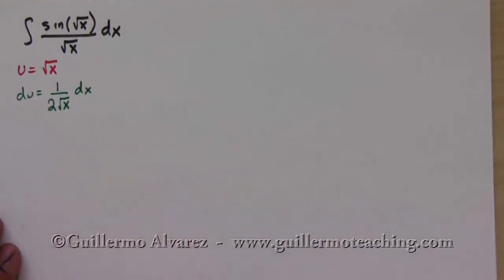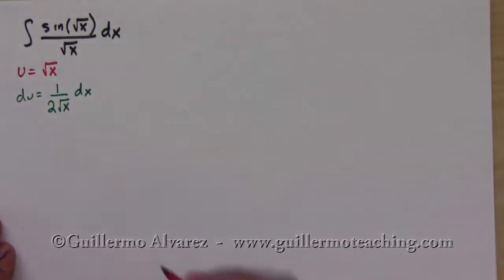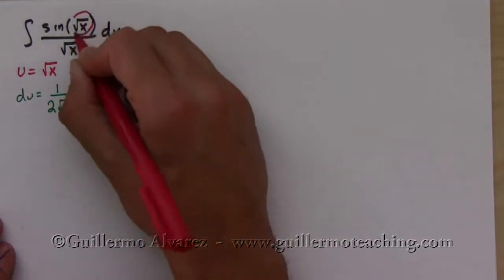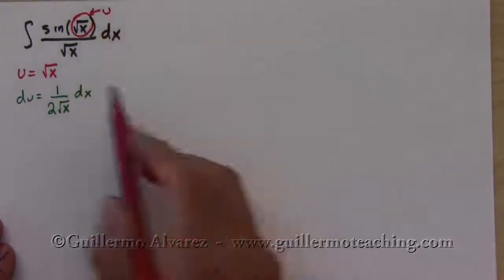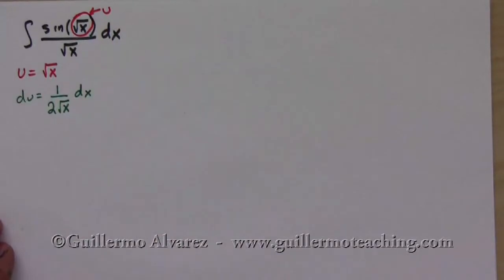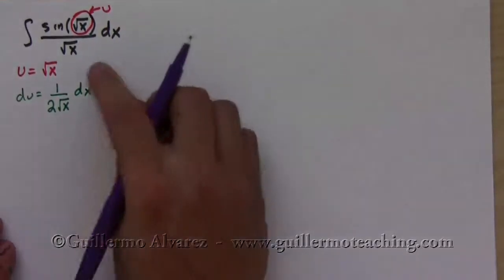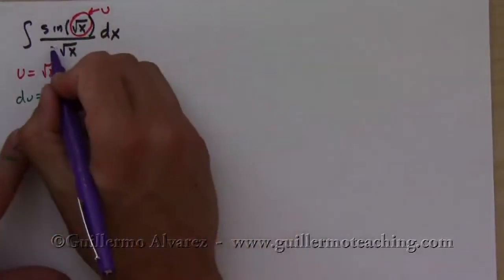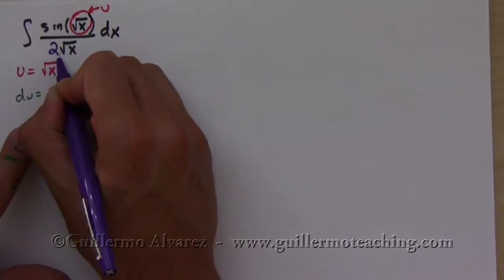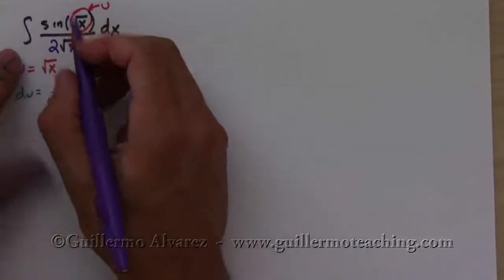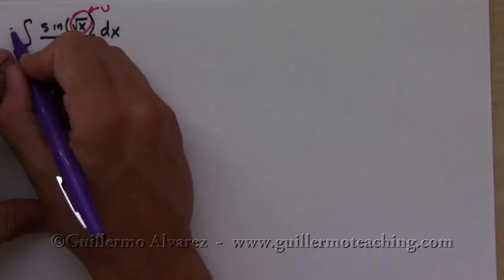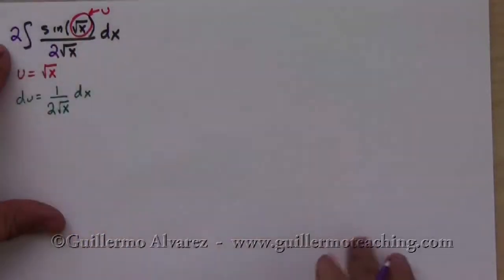And so here, let's take a look. Well, this guy is u, and we almost have du here, actually. All we need is, we're missing a 2 on the bottom, but we already know that constants we don't worry about. So if we put a 2 on the bottom, then that means we're dividing by 2, so on the outside we have to multiply by 2.